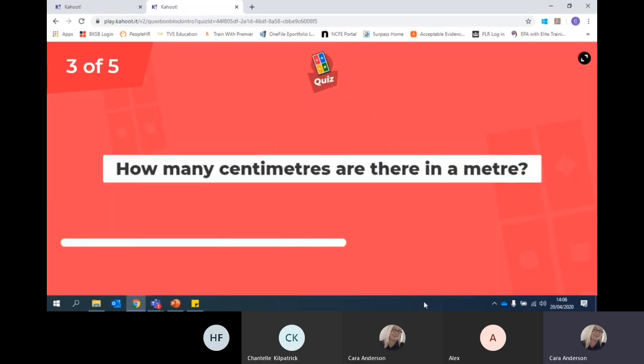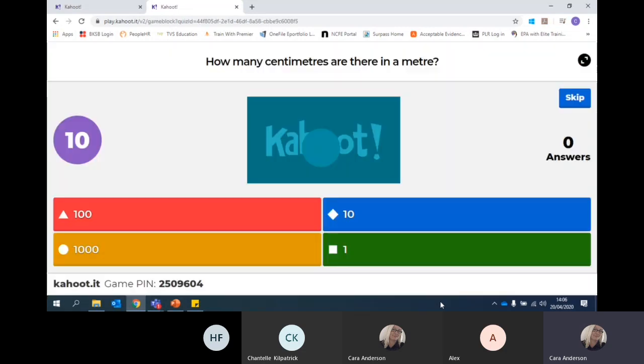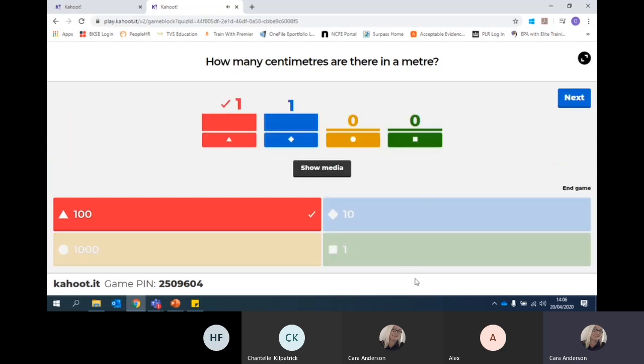How many centimeters are there in a meter? Okay, so remember centimeters to meter. Think of those rulers at school. You've got that ruler at school, which is 30 centimeters. You've got the really thin stick, which is 1 meter. How many of those 30 centimeter rulers are there?